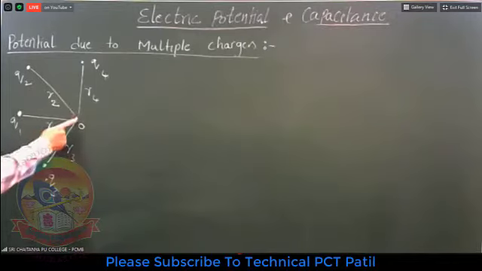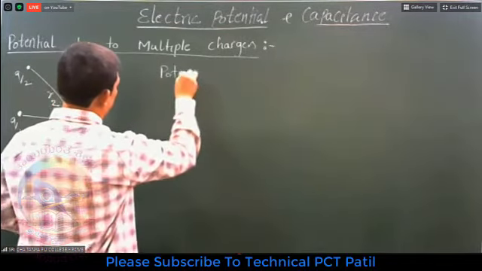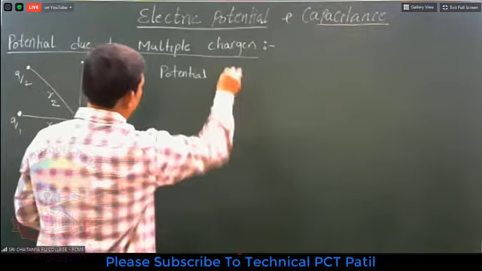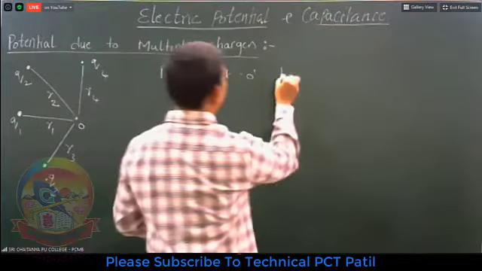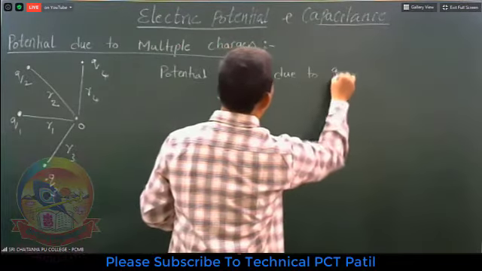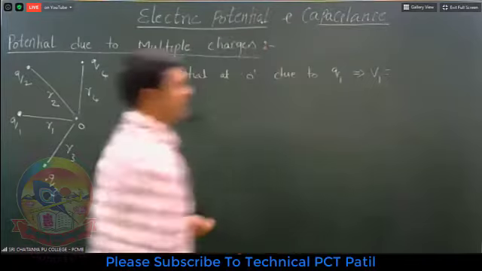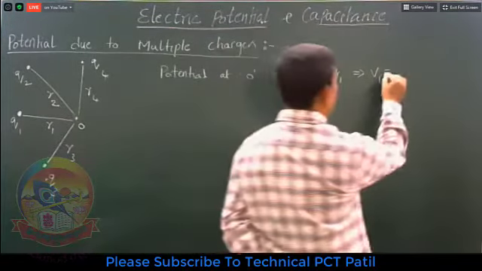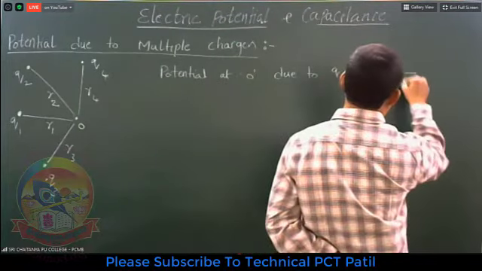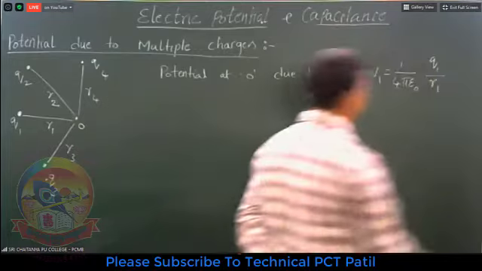Potential at point O due to Q1, V1 is equal to, what is the formula? 1 by 4 pi epsilon naught Q1 by R1.